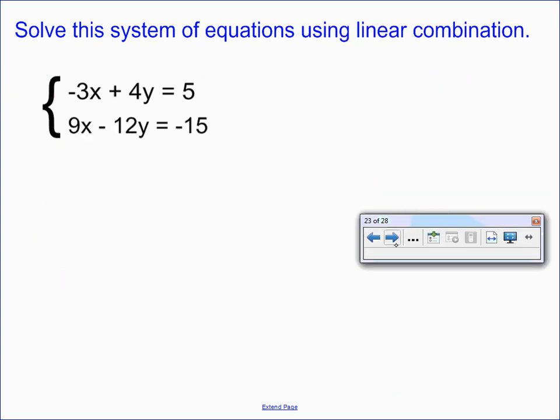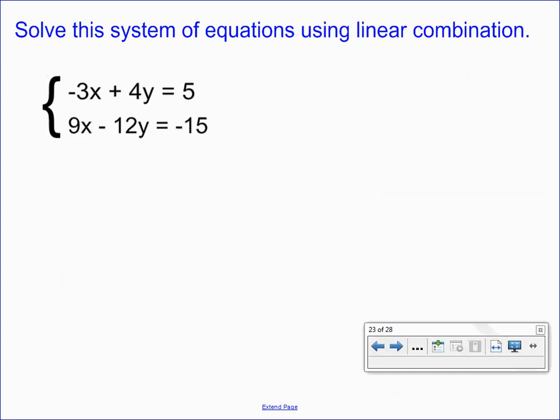In any case, let's see what happens when we try to solve this one. I want to make exact opposites in either the x's or the y's, and so with the substitution method, no coefficients of 1. I'm going to multiply that top one by -3, -3 all the way through on top.